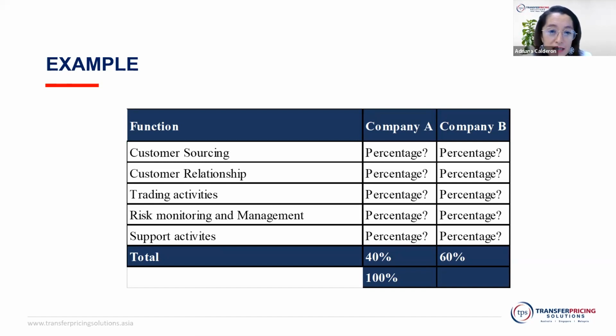So the question is, if in this example I have 40 to 60, does it mean that the assets under management fees, I just simply split them 40-60? Yes, that can be a starting point, but again, that is revenue. So this is not a revenue split. This is not a gross profit split. This is not a cost plus split. This is profit, and profit means net profit. So that's something to be very mindful of.